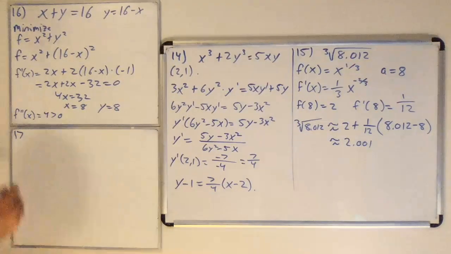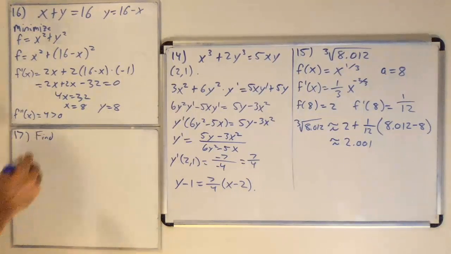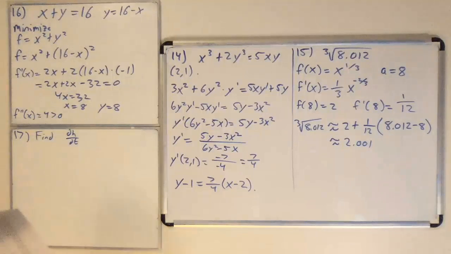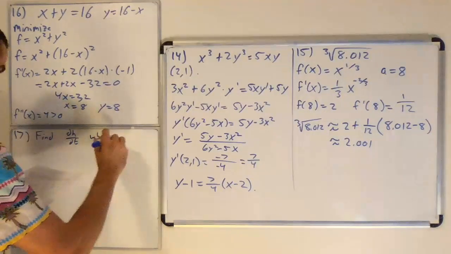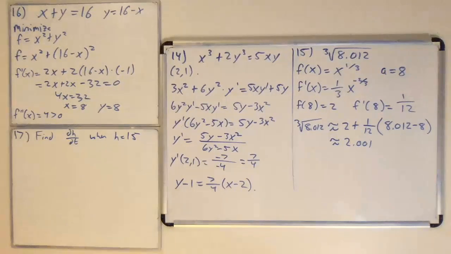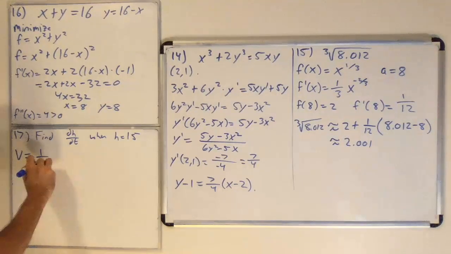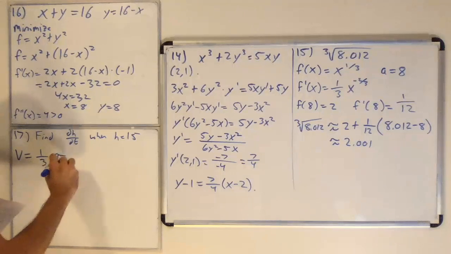Okay, so what we want to do is find dh/dt, right? That's our goal, is to find dh/dt when h equals 15. Okay, and we're also given the volume of a cone is 1/3 pi r squared h.